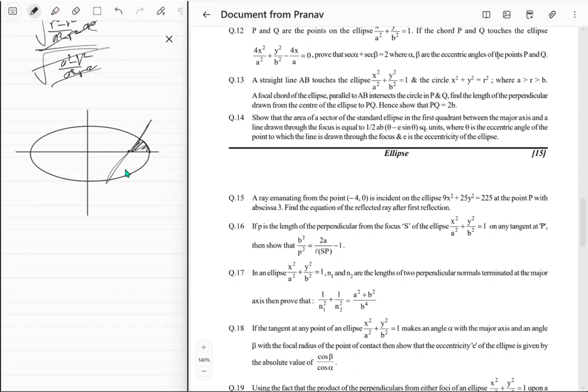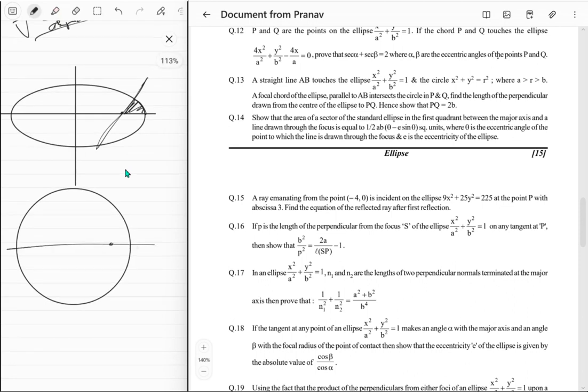Make this a circle basically, right? So we'll first figure out what this area is, and then once we find this area we can figure out what this is just by multiplying by b upon a. This angle is theta. Okay, we know this whole area, yes, that we know. Okay, what else do we know?